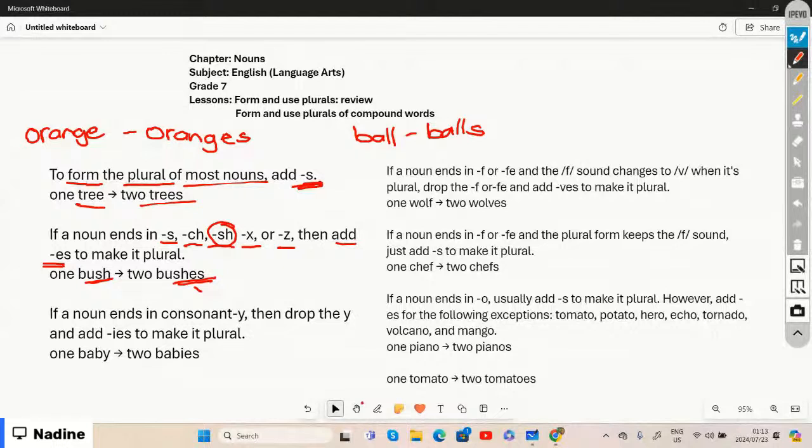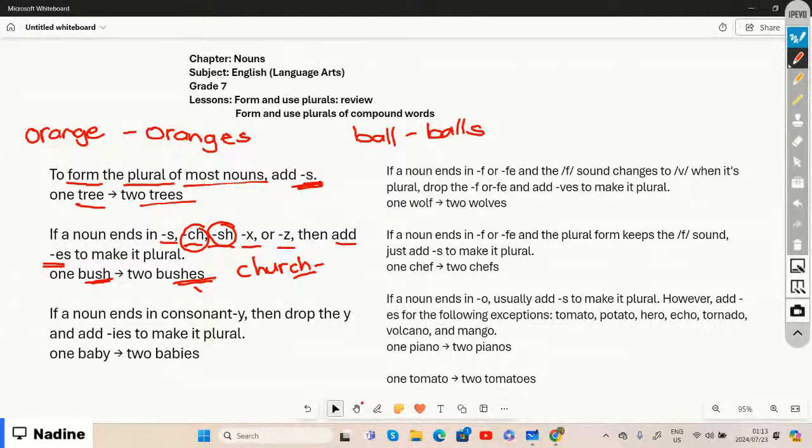All right. If we also look at another word that ends with ch, let's say, for example, church. One church, two or more. Remember, if a word ends with ch or sh or s, x, or z, then all we do is add an es to that word in order to show the plural form.